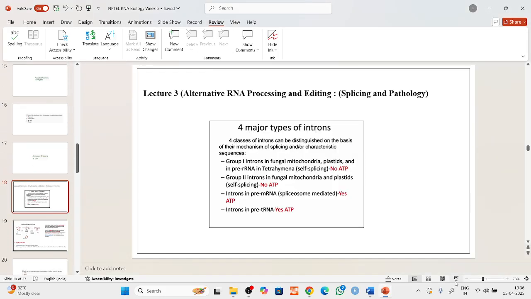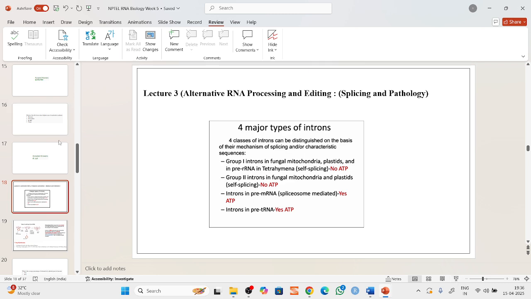Okay. Next chapter is lecture 3, which is splicing and pathology. So here, first try to understand the four major types of introns. Four classes of introns can be distinguished on the basis of their mechanism of splicing or characteristic sequences.